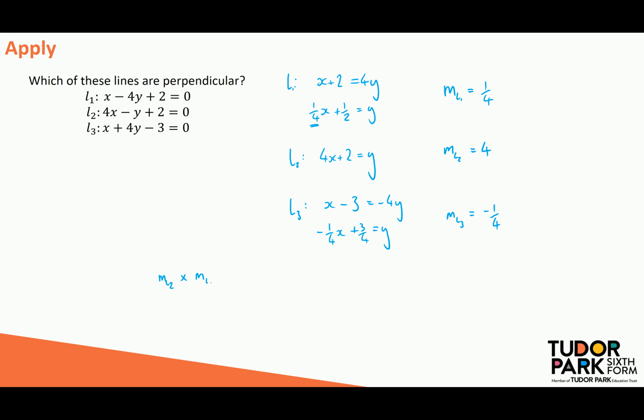Well, writing it out, I've got 4 multiplied by minus a quarter, which gives me minus 1. So I can say that line 2 is perpendicular to line 3. A bit wibbly here, but again we're using this perpendicular sign where I'm just drawing two lines at 90 degrees to each other. Saves me time, and everybody's clear on the meaning.